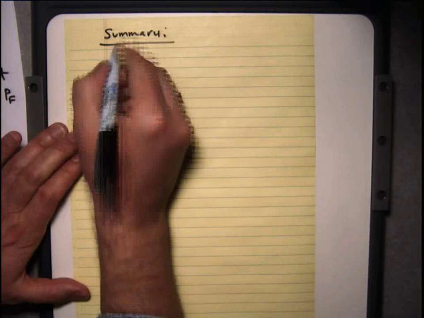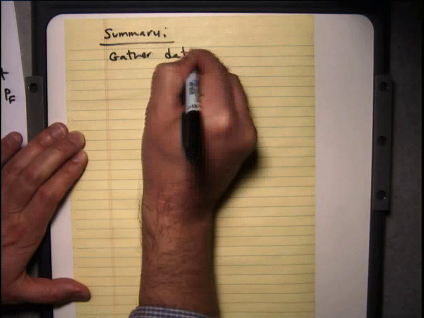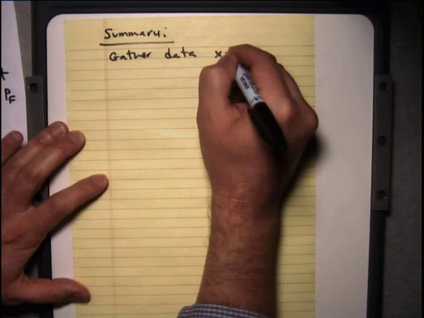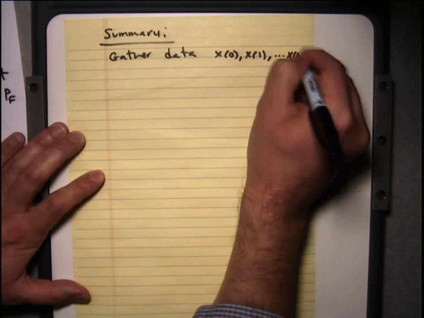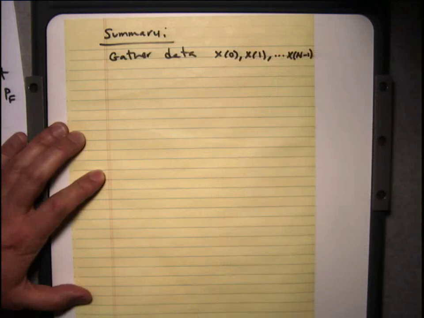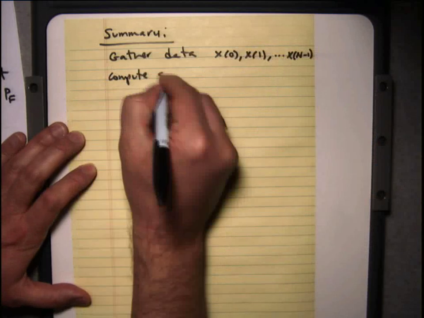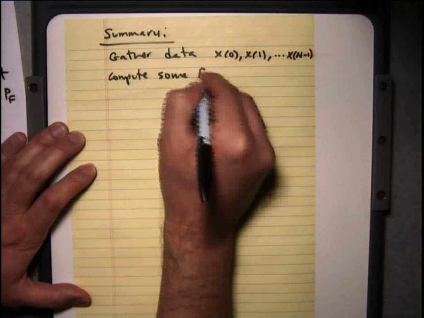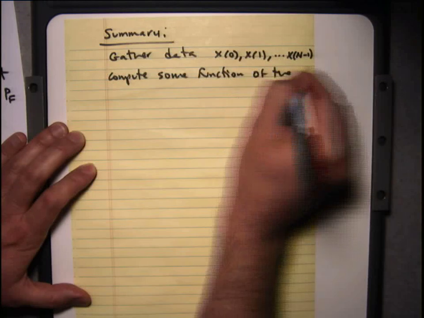What we have is we're going to gather data, and this is going to be some random process, x0, x1, ..., xn minus 1. Okay? And then compute some function of the data.